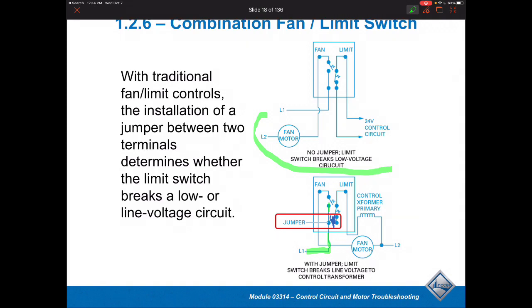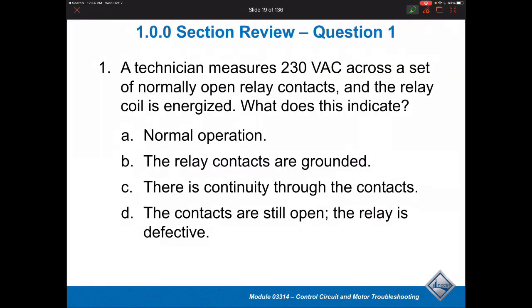Even though it's in the same control, there are two completely separate controls built into the same unit, with two sets of contacts. One of them opens on a rise in temp, which would be the limit, and the other one closes on a rise in temp, and that would be the fan side. So that would typically be how it works. All right.